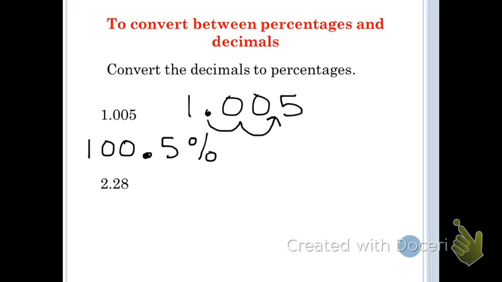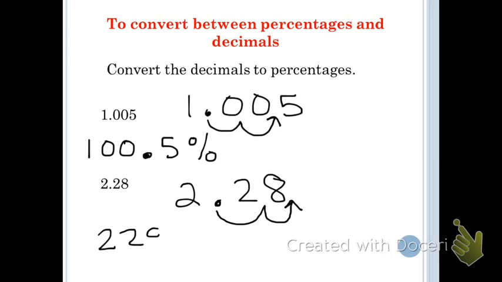And in the next example, 2.28. We move our decimal 2 to the right. But since it's at the end of the 8, we don't need to write the decimal point. 2.28 is equal to 228%.